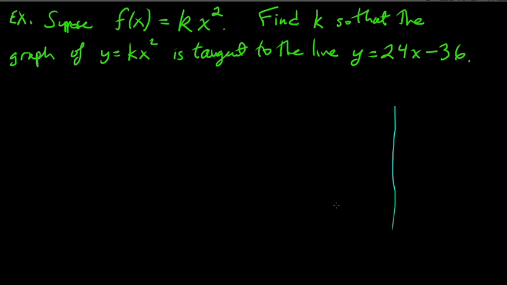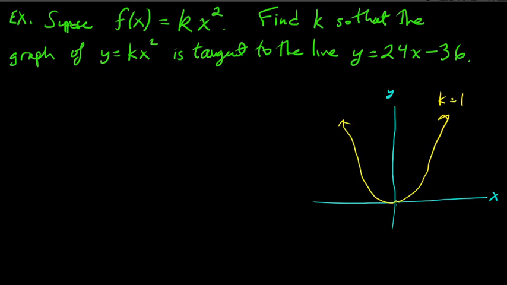So let's graph the function. Now we really can't graph it here because we don't know what k is. But k is just a coefficient, so for different k's, you're going to get different parabolas. This might be for k equals 1, and then this might be for k equals 1/2.